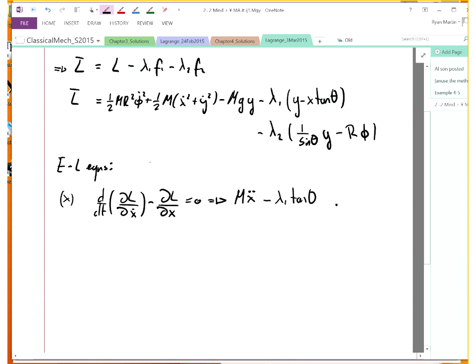So it's minus lambda 1 tan theta equals 0. Any questions with that step? I didn't write down all the details, but if you prefer for me to go through it slowly, I can go through it slower.